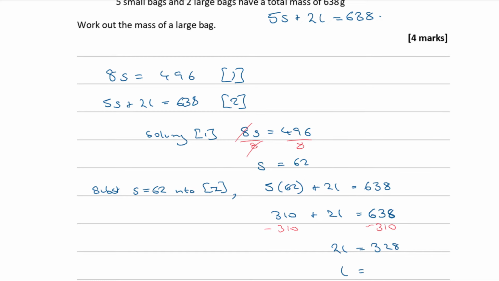So then L is going to be half of 328, and that's going to be 164 then, isn't it? So my large bag has a mass of 164, and my small bag has a mass of 62. I'm just going to put that in grams because that's what they are. Okay, so 62 grams and 164 grams.